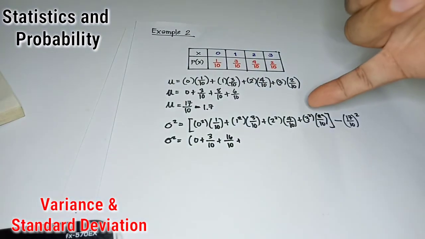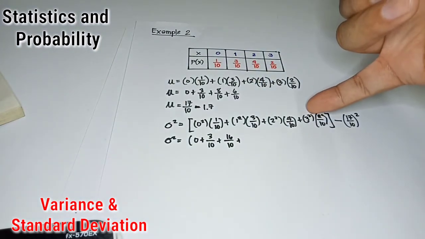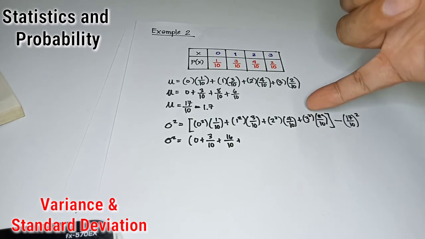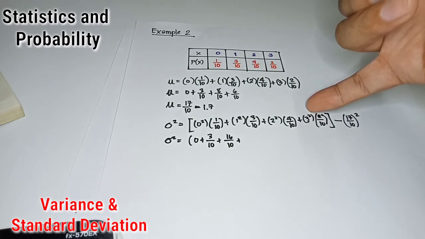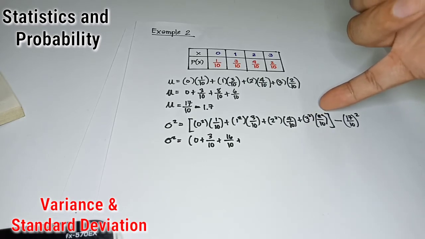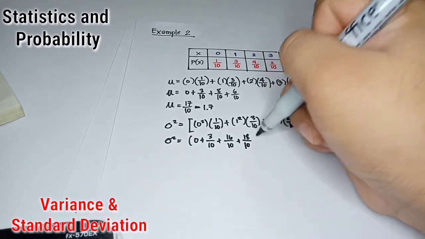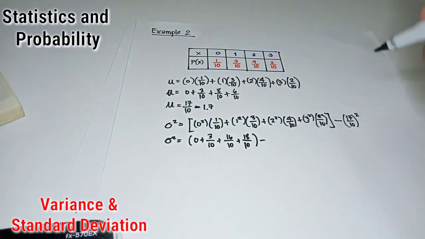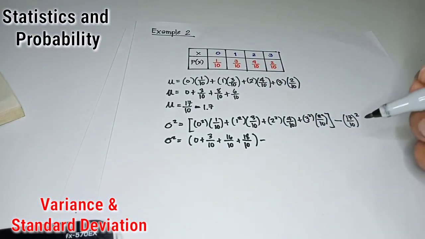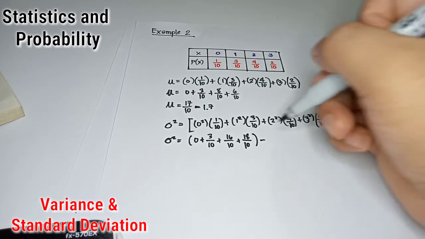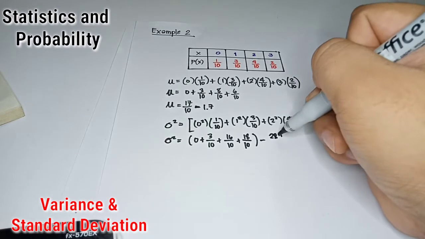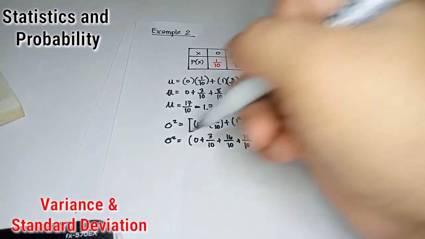Plus the last one, 3 squared is 9 times 2 over 10. So that's 9 times 2, 18. So you have 18 over 10 minus 17 over 10 squared will give us 289 over 100.